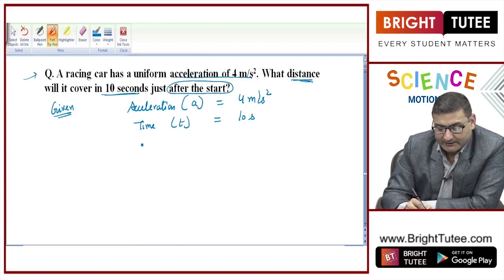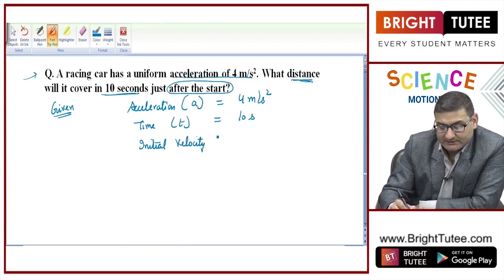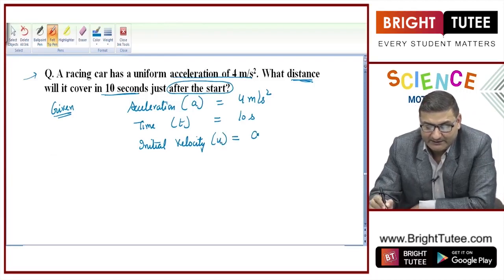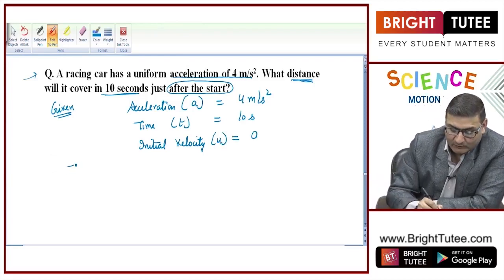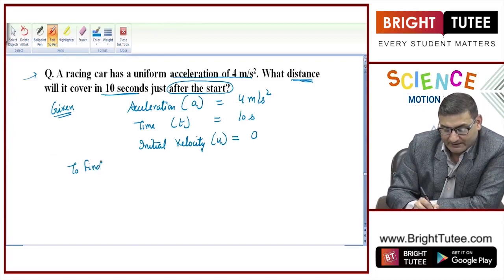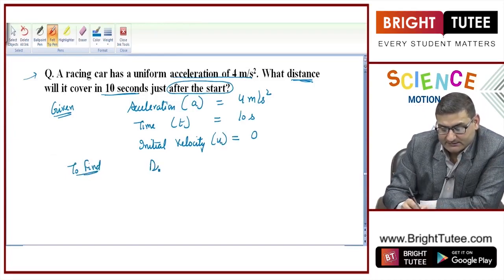If the body is starting, that means initially it was at rest, and if it was initially at rest, that means I am going to take initial velocity to be 0, and what I am supposed to find in the question is the distance travelled by the object.